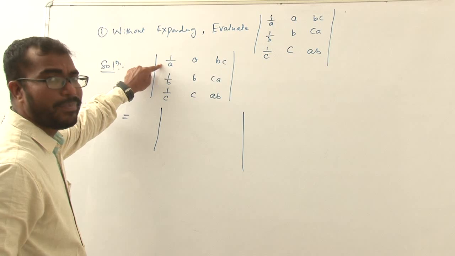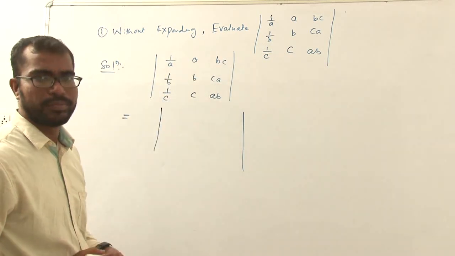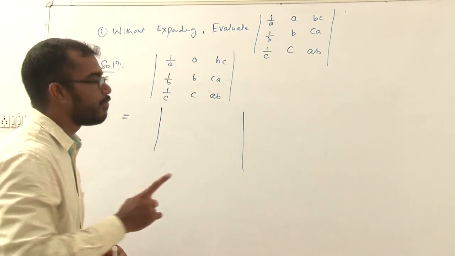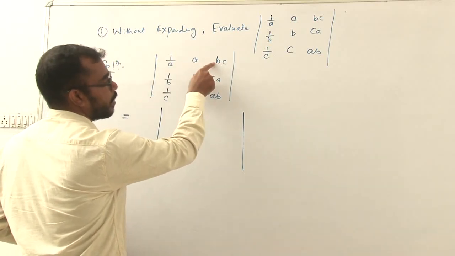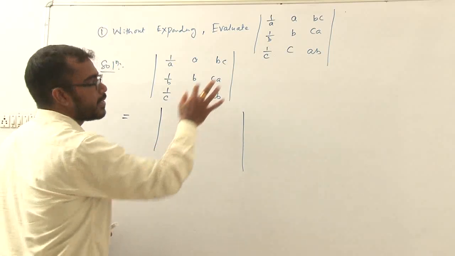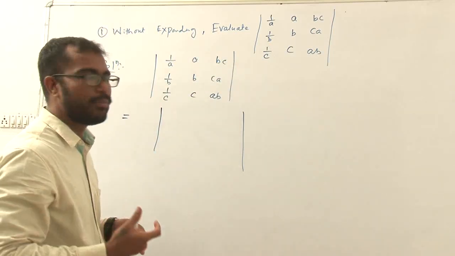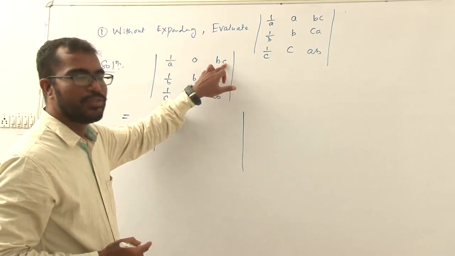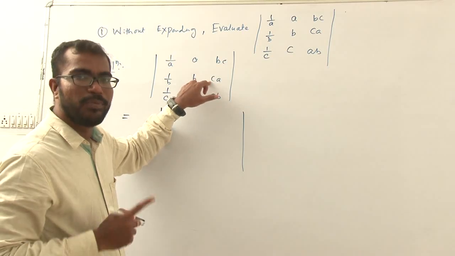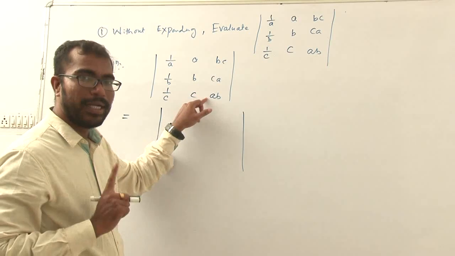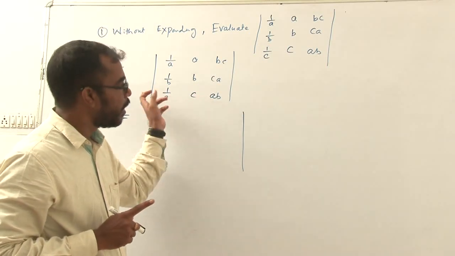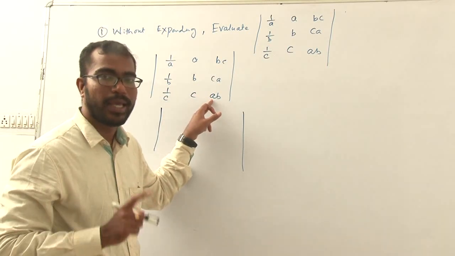You think that if we multiply A in the first row, then you get the term ABC here, because A is missing. If A is multiplied, then you get ABC. Similarly, here B is missing. If we multiply B, then we get ABC. Similarly, if we multiply C in the third row, then you can get ABC.